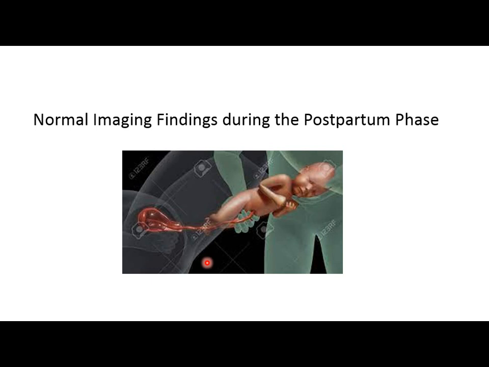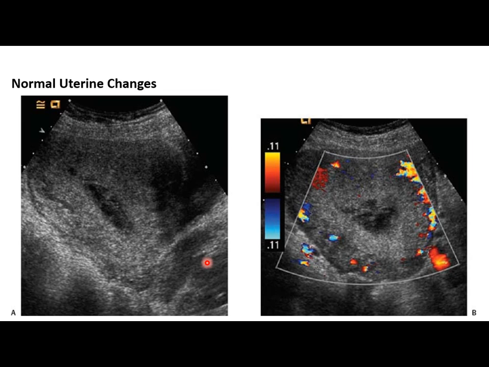During this period, the uterus becomes contracted, causing a decrease in blood loss, and the endometrial lining sloughs off as lochia or blood clot. So it's important to differentiate the normal postpartum uterus from complications.